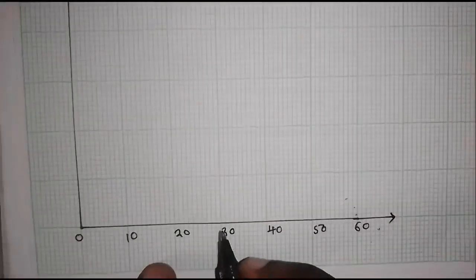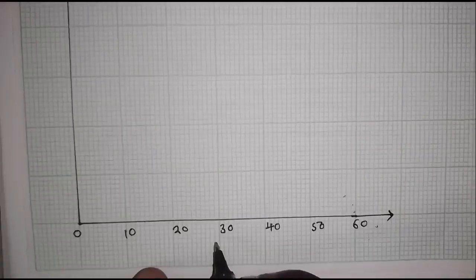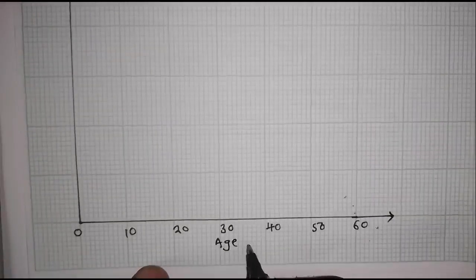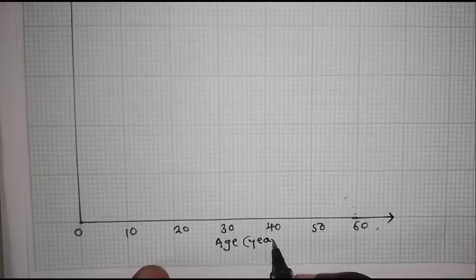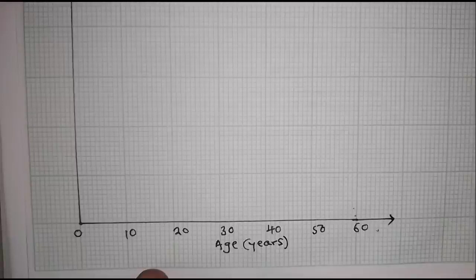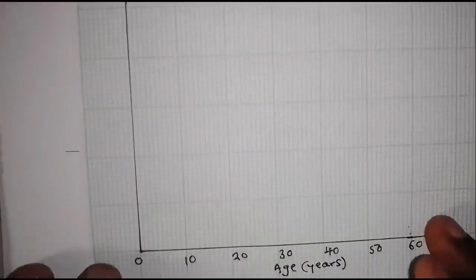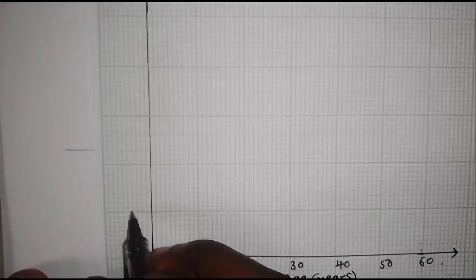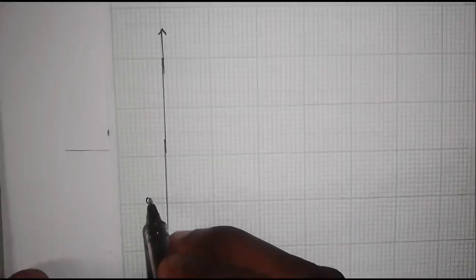So you put the label. This is the edge, in years. Then you also do the same. On this part is 0, 0.1, this is 0.2, 0.3, 0.4, 0.5, 0.6, 0.7.